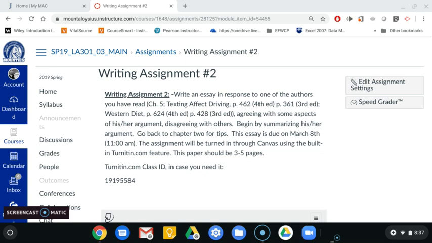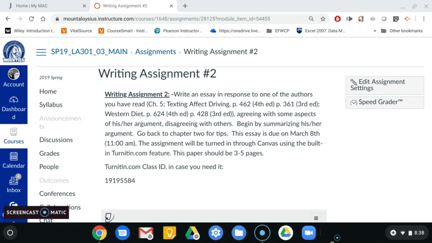voice. Because remember, this writing, especially with this second writing assignment, really wants you to do a few things. Summarize nicely the work of either Cullington or Paulin, which means that you're going to have to fully understand their arguments, and you're going to have to be able to formulate your opinion on those.